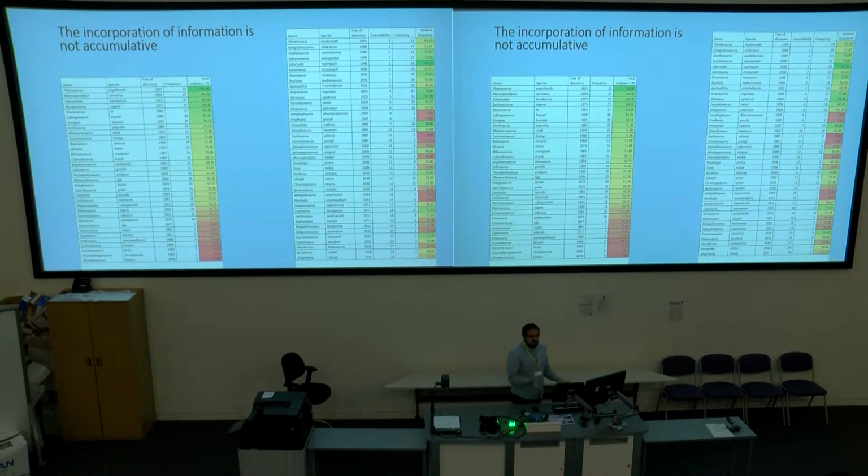Then, the way the information is being incorporated into the data sets is not done in an accumulative way. On the left panel, you have all of the species that have been available since phylogenetic analysis started to be applied to basal sauropodomorphs. You would expect that the ones that have always been available, because they have good monographs, pictures, and are in public collections, would be used, but only one of them has been used in all of the analyses.